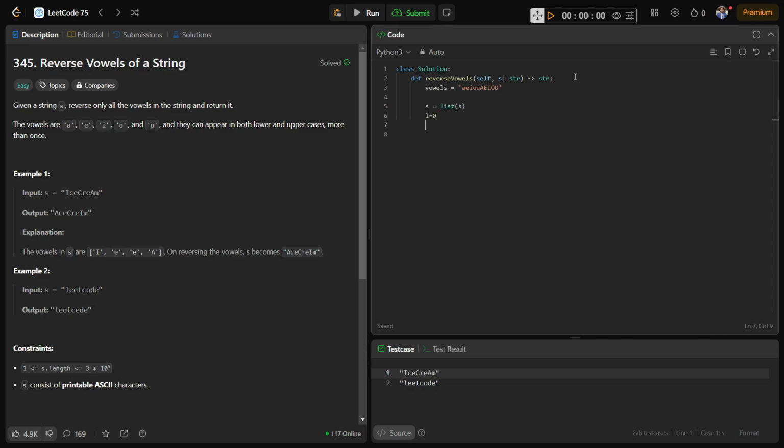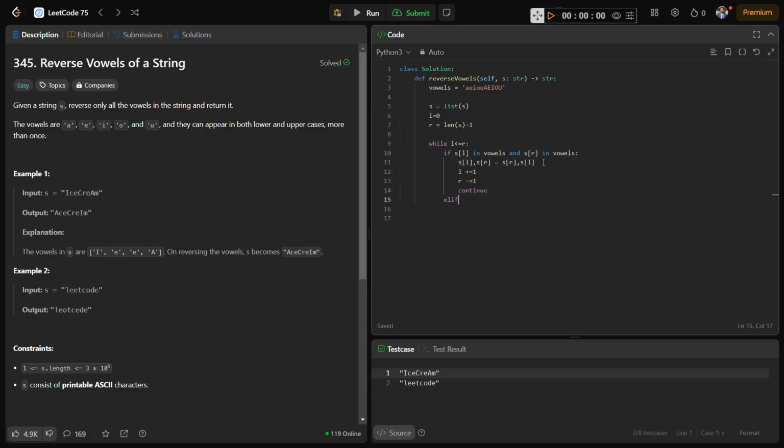We will take the index L equals 0, R equals length of S minus 1, while L is less than or equal to R. If S of L is in vowel, and S of R is also in the vowel string, we will just swap S of L and S of R, then increment L plus 1, R minus 1, and continue.